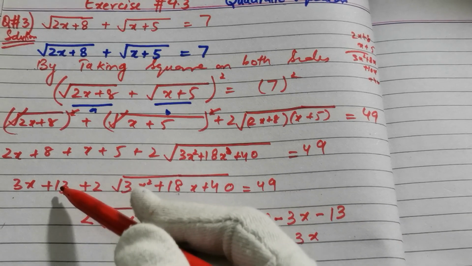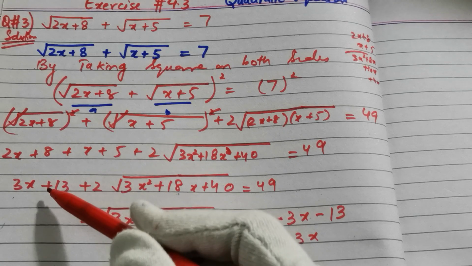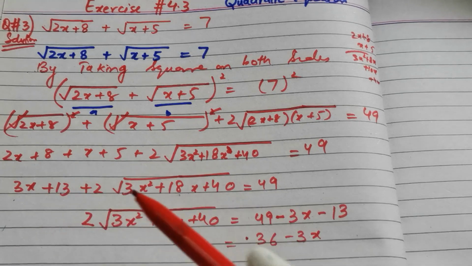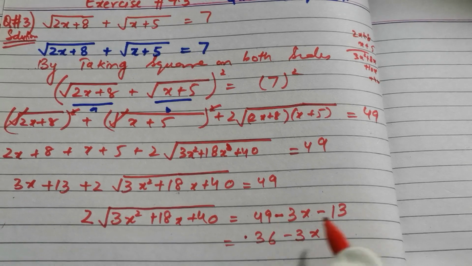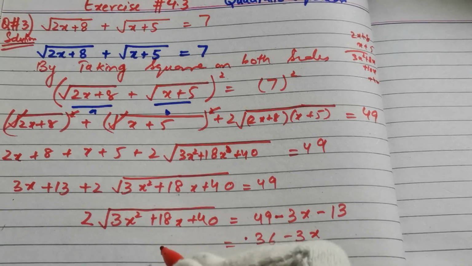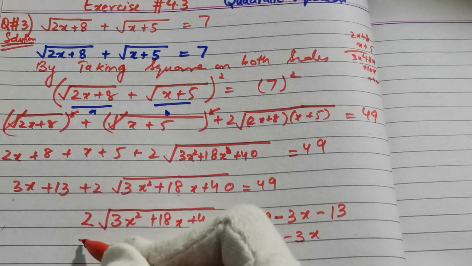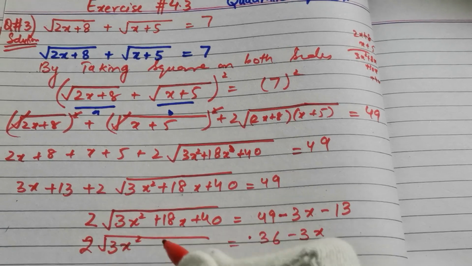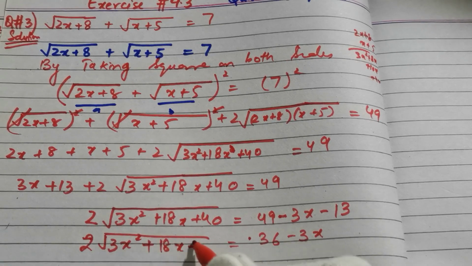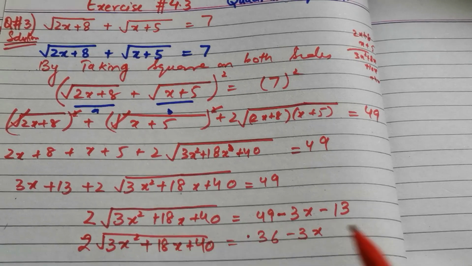Positive 13 goes to the other side as minus 13. So 2 under root 3x square plus 18x plus 40 is equal to 36 minus 3x.